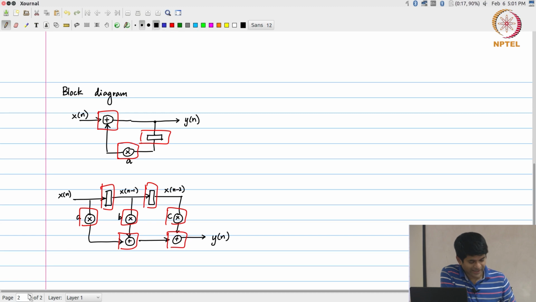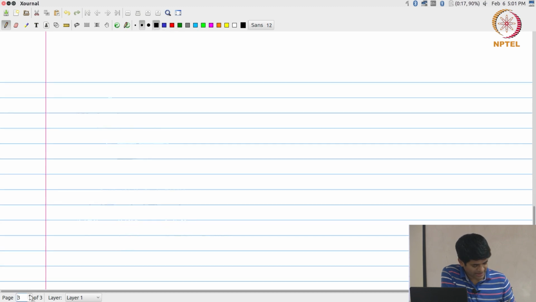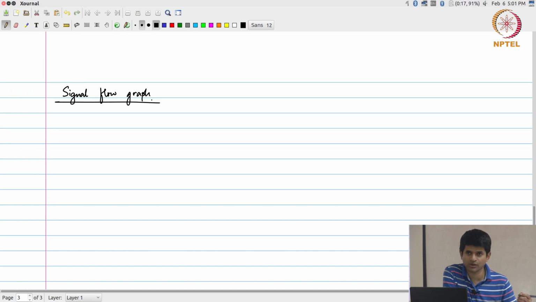Another variant of a block diagram is something called a signal flow graph. This is more specific to linear time invariant signal processing systems.